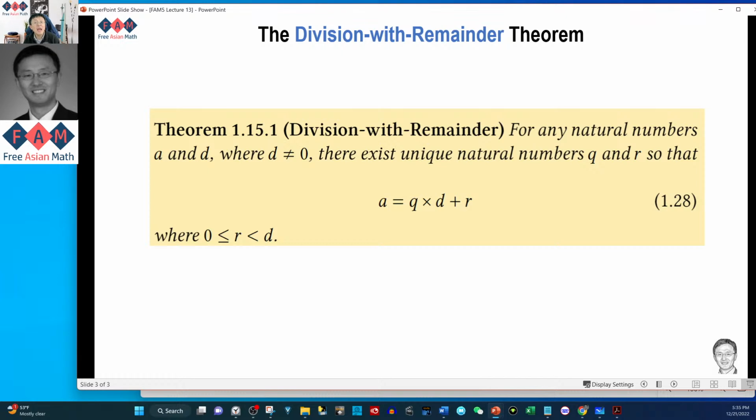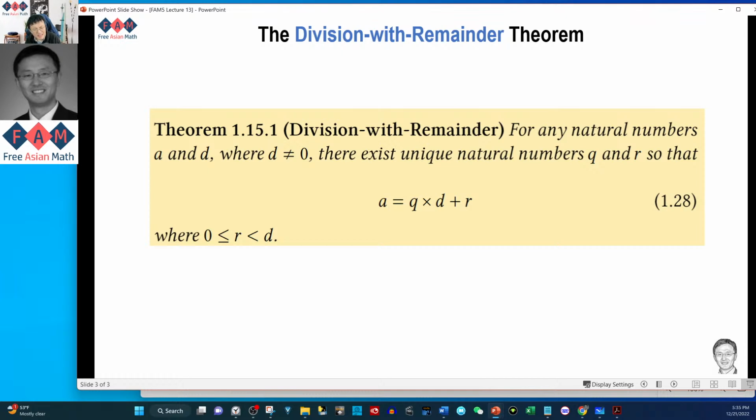Okay, if we go into the negative territory, then we overshot. So we have to go back before that last step and count how many times we have subtracted this D from A.